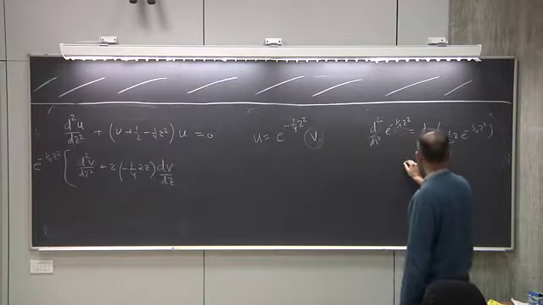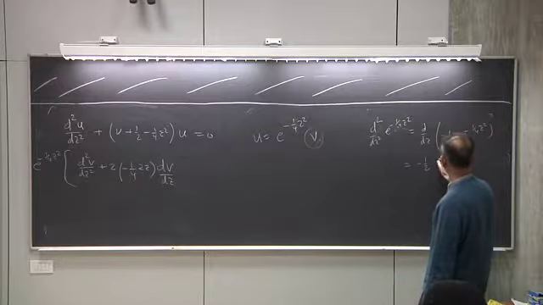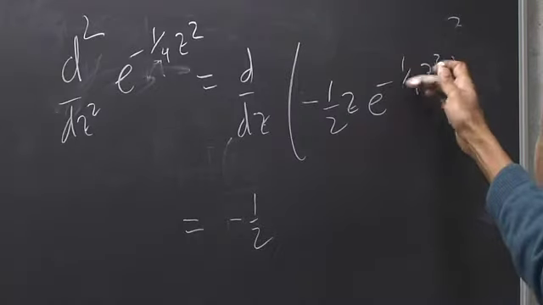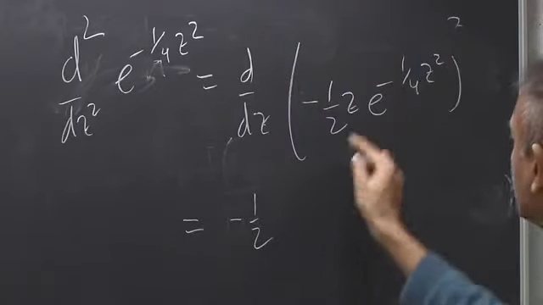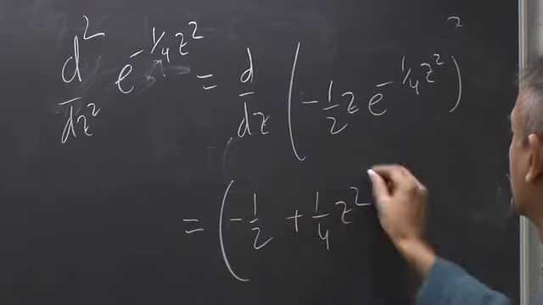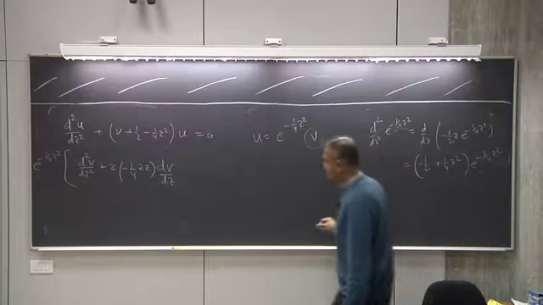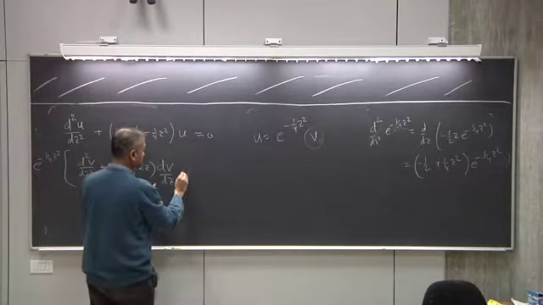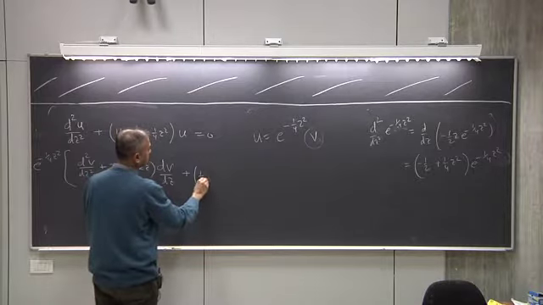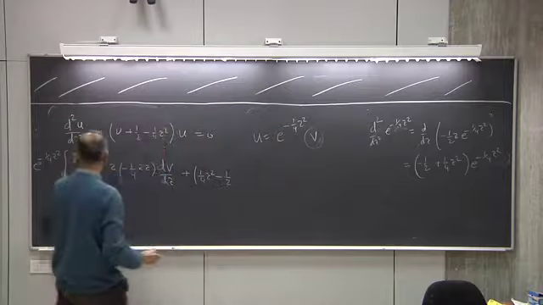Then I have to take one more derivative. So there will be a term which is simply minus half coming from here, then again another minus half z from there, so that squared becomes 1/4 z square, times e to the minus 1/4 z square. So that term is plus 1/4 z square minus half, times v.